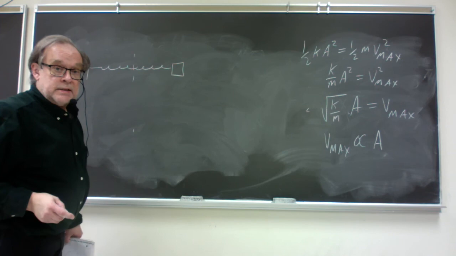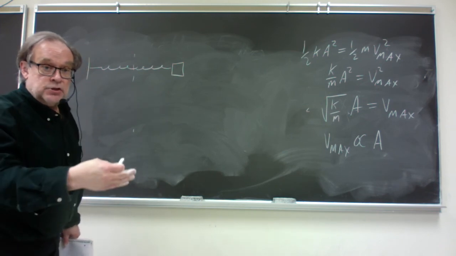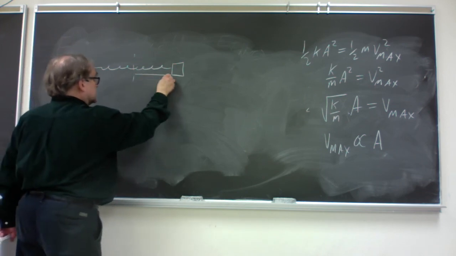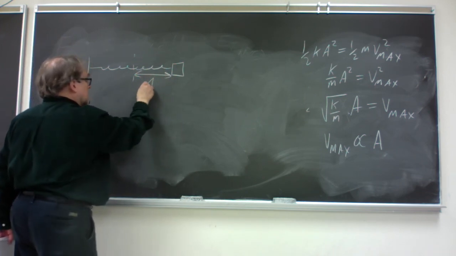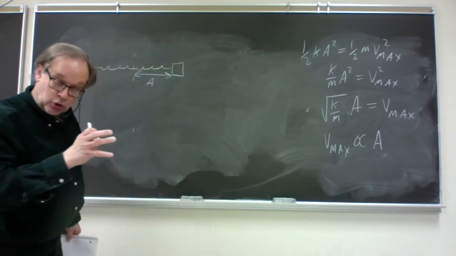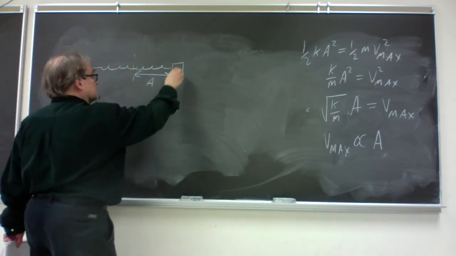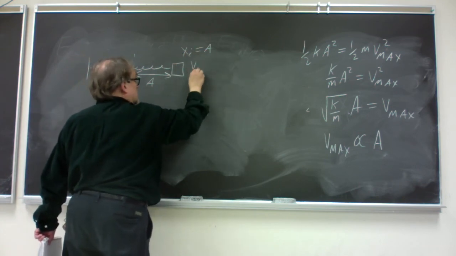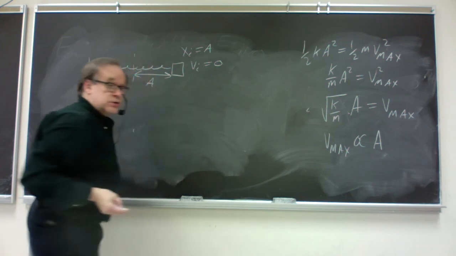So there's the mass in its initial state, and its initial displacement away from equilibrium is A meters, A for amplitude. And as soon as I let go, the process starts. So the initial location is just A, and the initial velocity is 0.